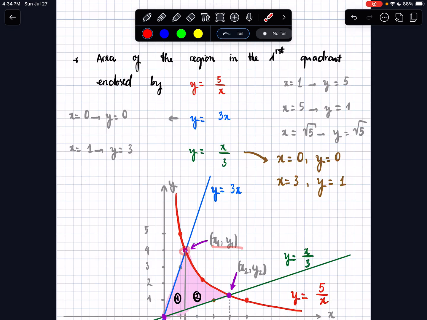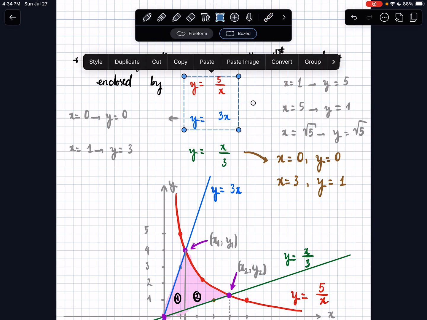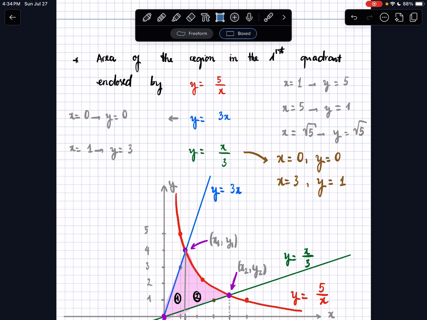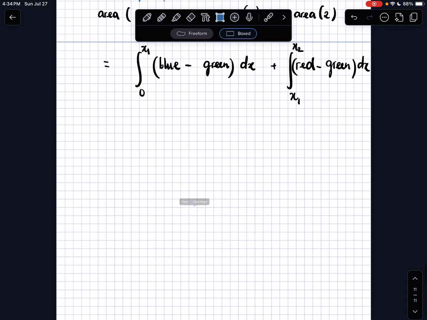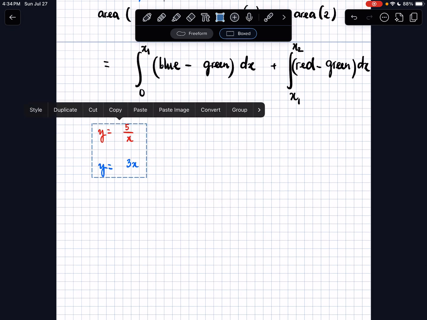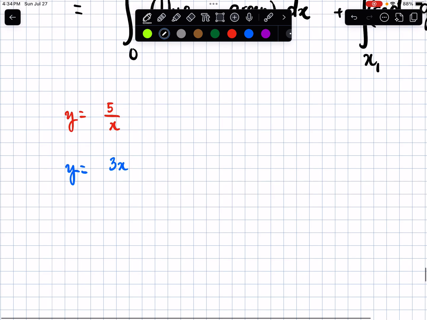(x1, y1) is the intersection of the red and the blue. So the coordinates (x1, y1) satisfy the equations of the red and blue curves.